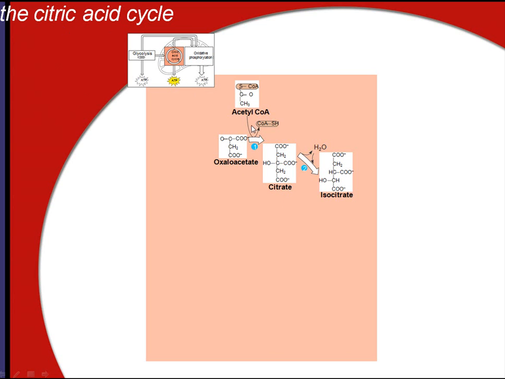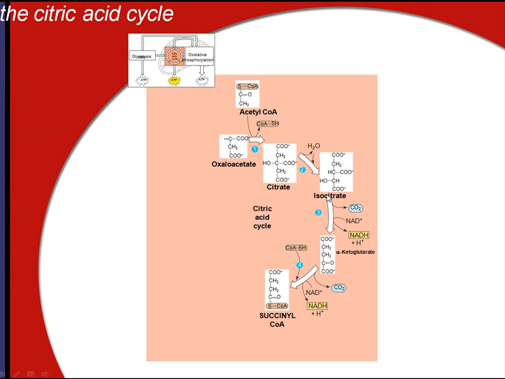Oxaloacetate and acetyl-CoA come together and form citrate, a 6 carbon sugar. Citrate then will go through an isomerase enzyme and create isocitrate. From there we take isocitrate, and here we are actually going to reduce our first NADH and release a carbon dioxide.